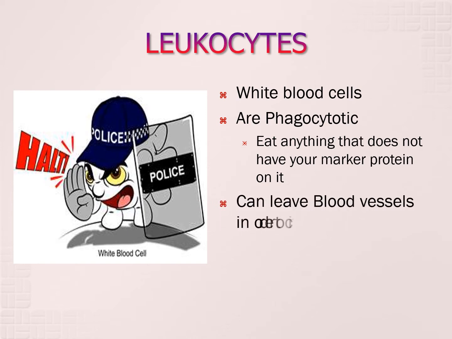Now, unlike your red blood cells, which should stay in your blood vessels at all times, because the job of your red blood cells, since they're shaped like little baskets and little boats, because remember, structure determines function, is to circulate your body and carry nutrients and waste products. Well, bad guys, which are called pathogens, aren't always in your bloodstream. They can be on the surface of your organs, crawling around. So therefore, your white blood cells have the ability to leave your blood vessels in order to circulate.